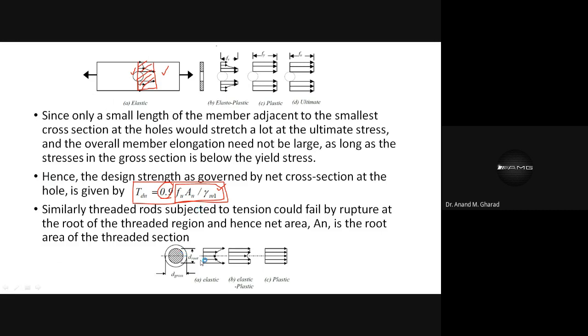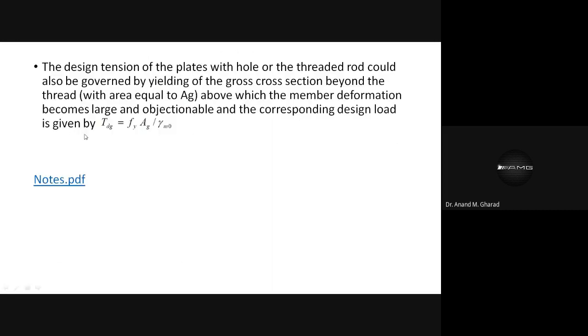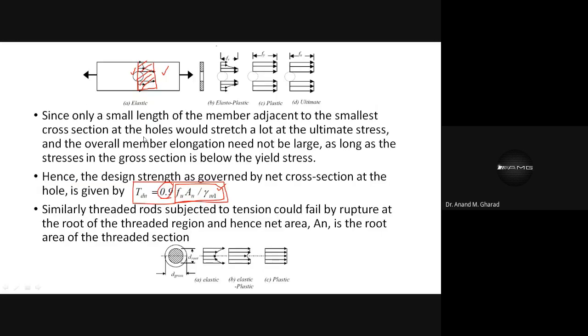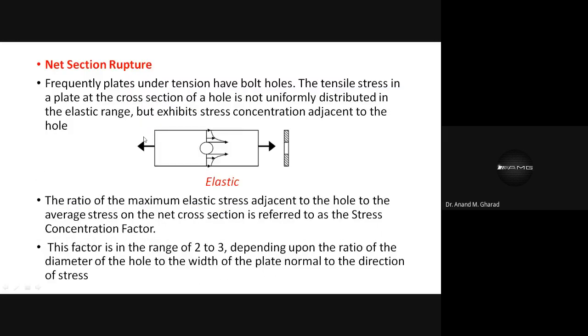And it will certainly behave as if it is a thin plate. And therefore, you will see this formulation of yielding is same as what we have discussed earlier for plates. Is this okay? So this is the second failure that we need to consider.